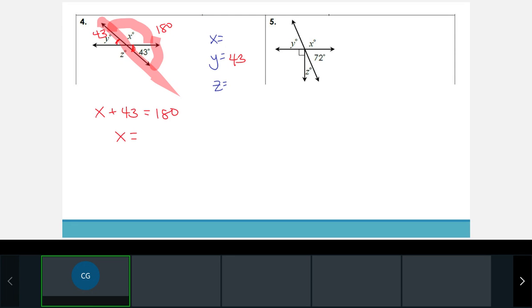So when you subtract 43 from both sides, you get 137. Solving for z, you could do another linear pair, or you could recognize that the x and the z are vertical. So those have to be the same. So if x is 137, well, so is z.